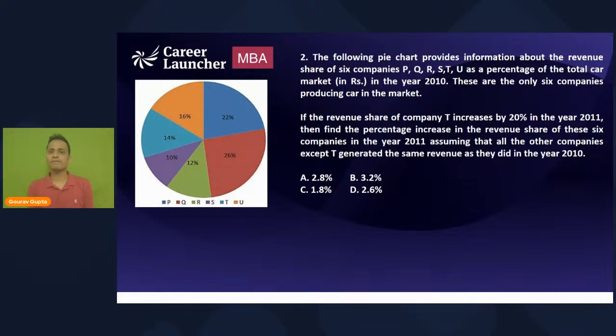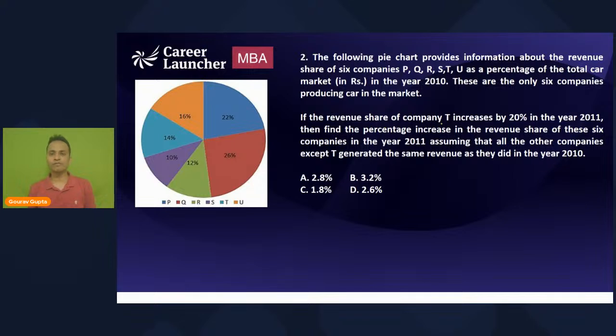So the question is: the following pie chart provides information about the revenue share of 6 companies, P, Q, R, S, T, and U, as a percentage of the total car market in the year 2010. Okay, so the data given in the pie chart is for the year 2010. Now, the next statement is, these are the only 6 companies producing cars in the market.